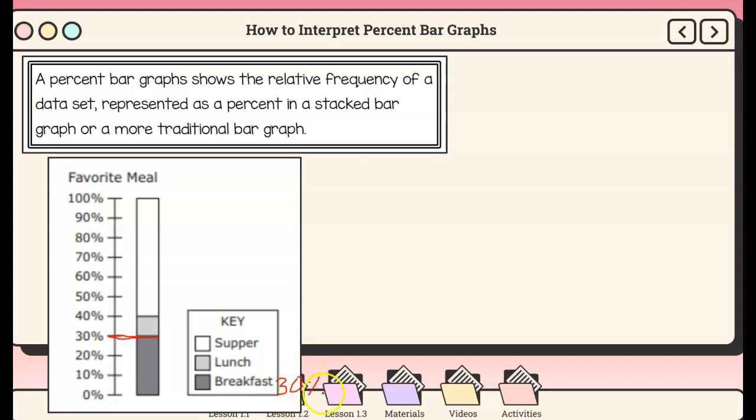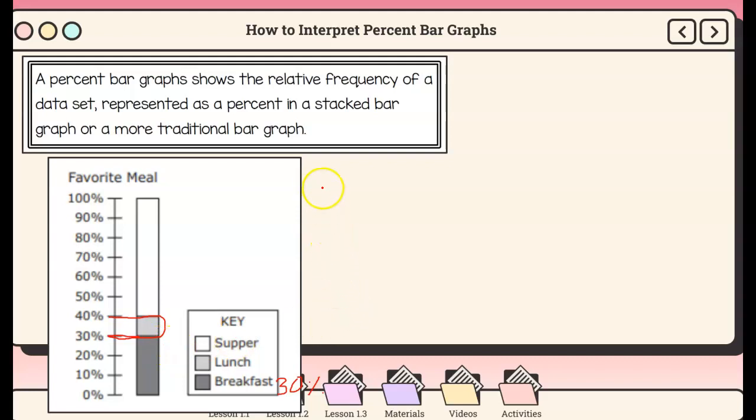Now here's where it gets tricky. Lunch, I can see is from 30 to 40%. So you might want to think, oh, 40% of people, their favorite meal is lunch. However, that's not the case because it did not start at 0. It started at the 30% and ended at the 40%. So we just need to figure out what is this little portion right here.